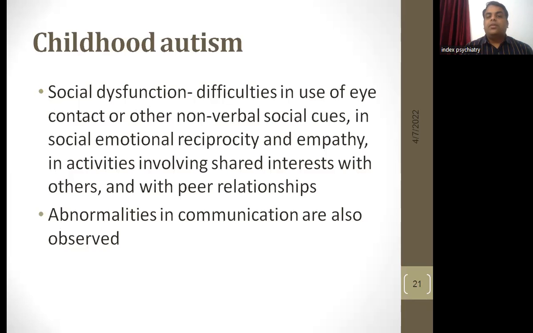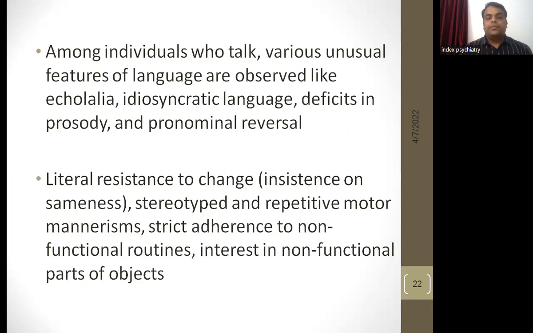Childhood autism: social dysfunction, difficulty in maintaining social contact or reading non-verbal social cues. They are not able to read social cues. Abnormalities in communication are also observed among individuals who talk.